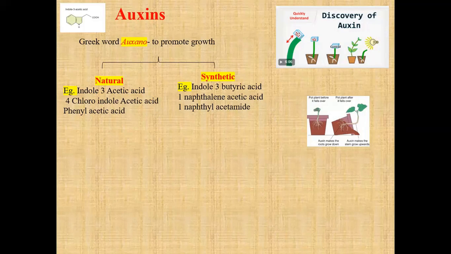Because of the excess growth, the plant bends toward the right side, away from where the agar portion is. So they found that auxins are responsible for the growth of the plant in a vertical direction, either upward or downward. So likewise, these are the auxins.